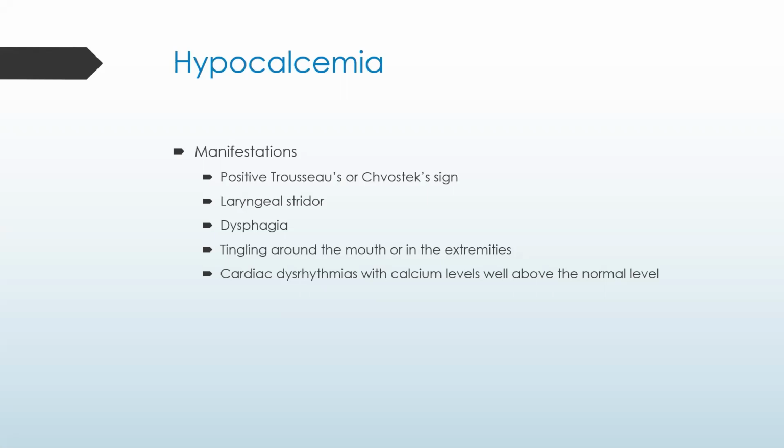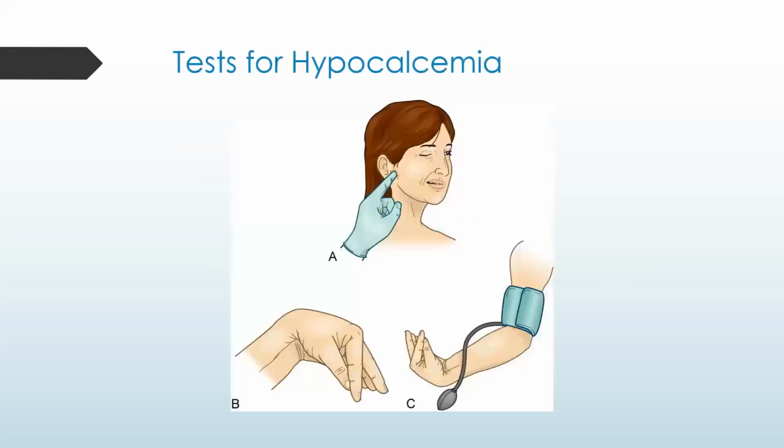Cardiac effects of hypocalcemia include decreased cardiac contractility and ECG changes. A prolonged QT interval may develop into a ventricular tachycardia. Serum calcium levels well above the normal level put the patient at risk for cardiac dysrhythmias.